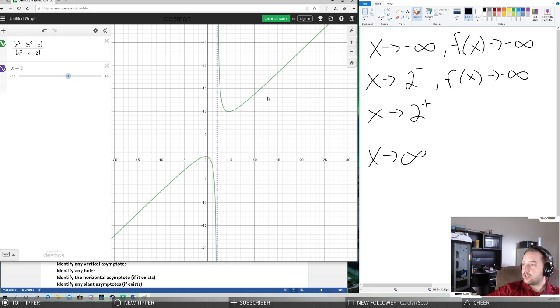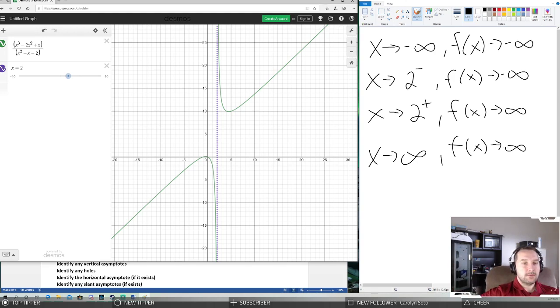As x approaches 2 from the positive, it's going up forever, so we're going to say it's going to go to positive infinity. And then as x goes to infinity, my y is going up forever. And so there is going to be the end behavior for that.